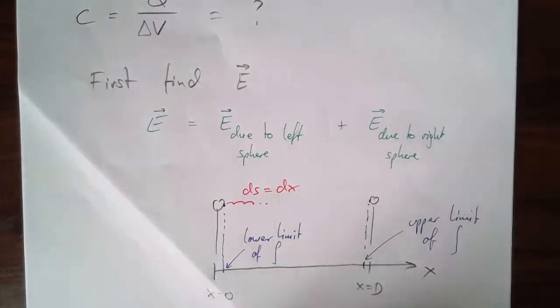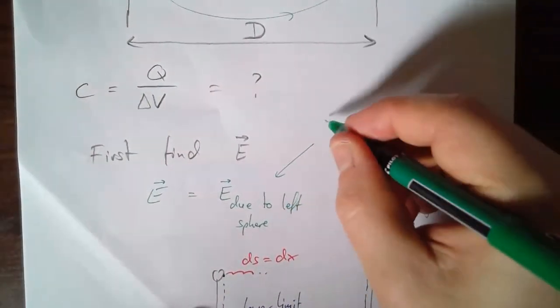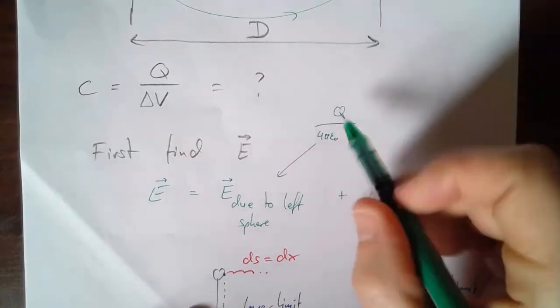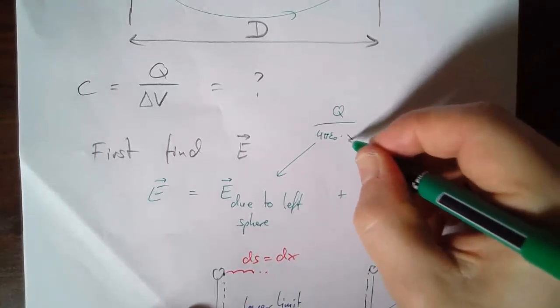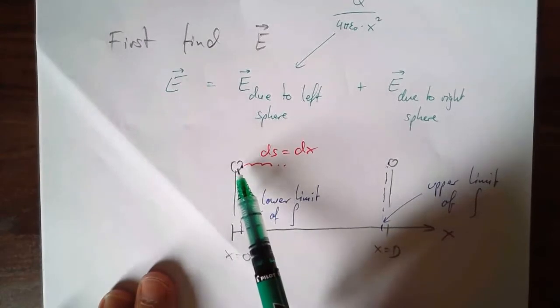Write this down just because I'm feeling generous here. This is going to be q over 4 pi epsilon naught, where 1 over 4 pi epsilon naught is just k, times x squared, because x is the distance from the center of the sphere.